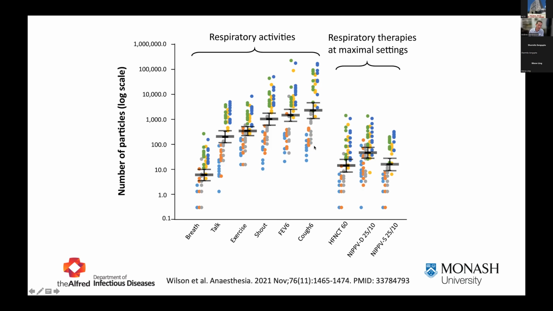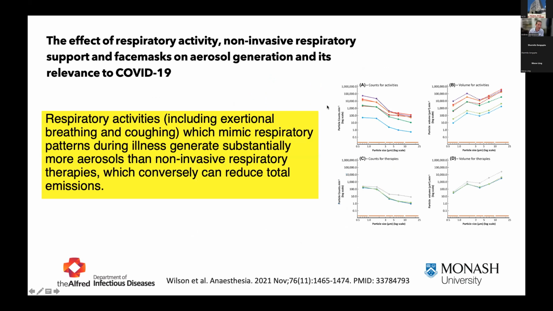So suggesting that, in fact, similar to a previous article that I showed, if you think about breathing and talking as being relatively normal activities, the respiratory therapies actually were similar, if not slightly lower, in terms of numbers of particles generated, whereas the increase in particle generation was really with the other things like coughing and shouting, exercising, and so on.